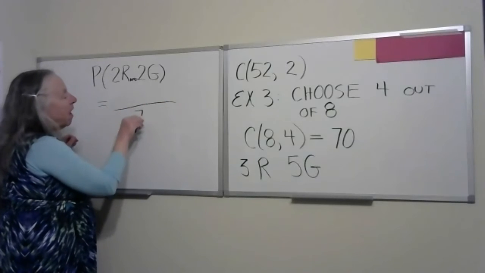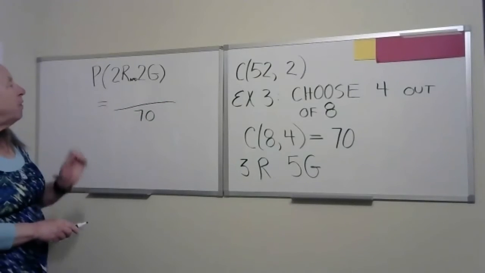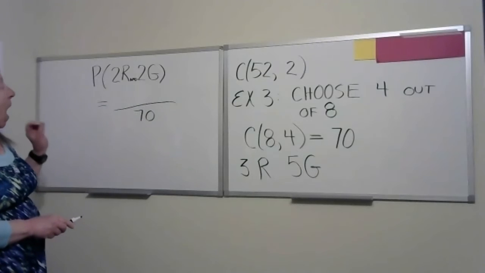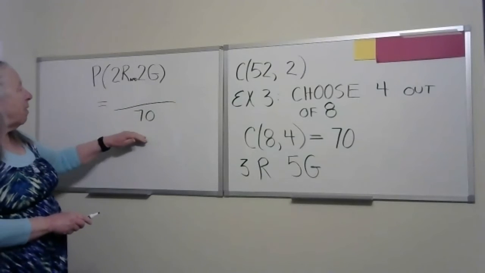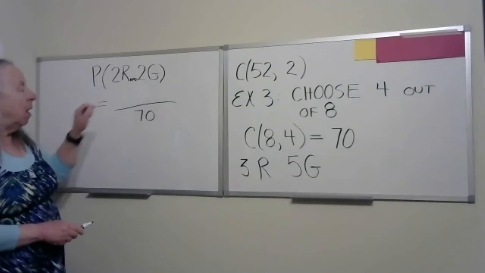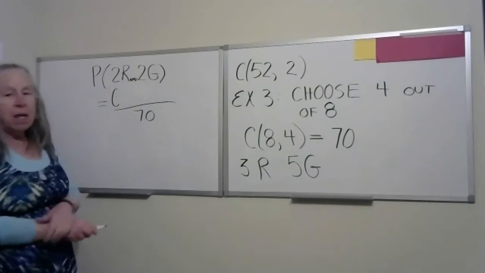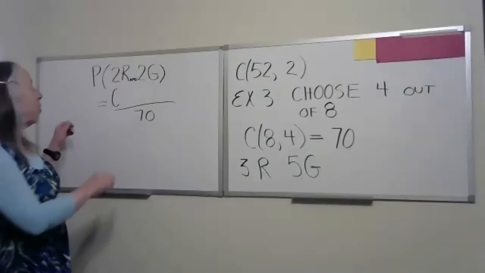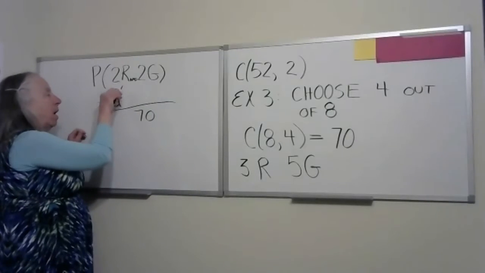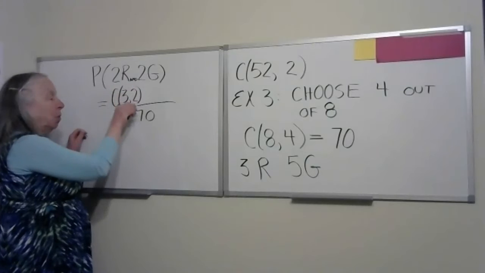So we know 70 is in the denominator. Now we have to calculate how many of those 70 contain 2 red and 2 green. Well, if I want 2 red, that means out of the 3 red, I have to choose 2.